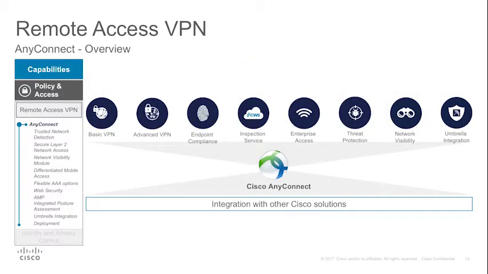AnyConnect is a unified agent that combines posture check and authentication across wired, wireless, and VPN networks. It is more than just a VPN that grants network access to remote users.